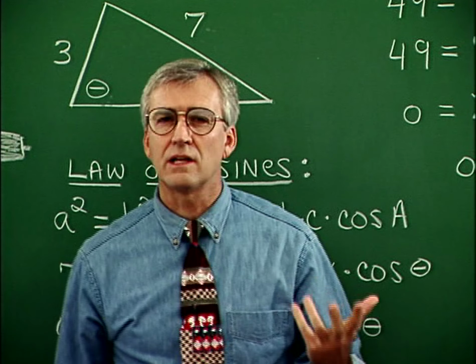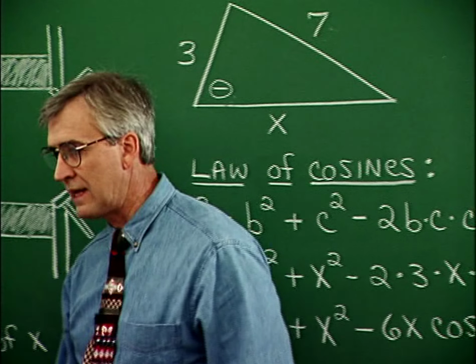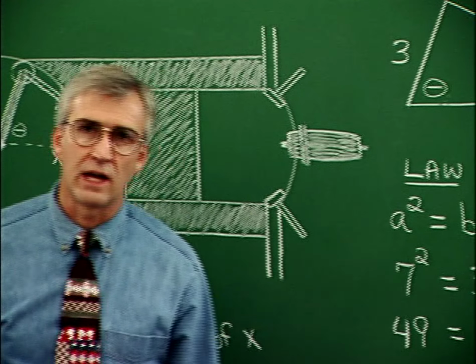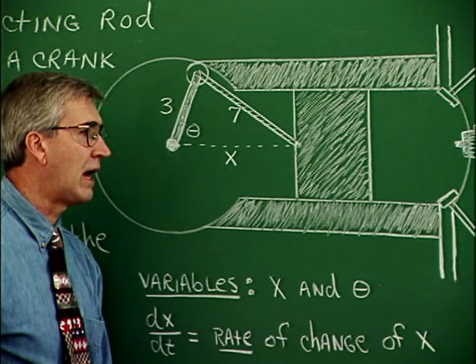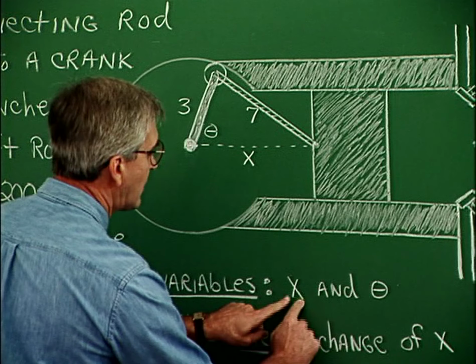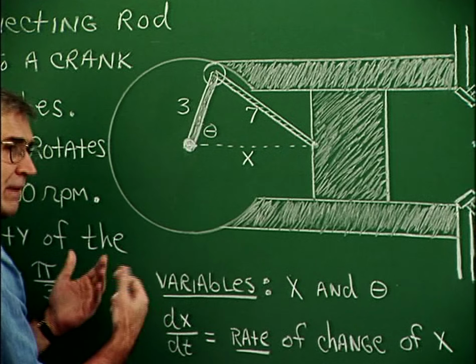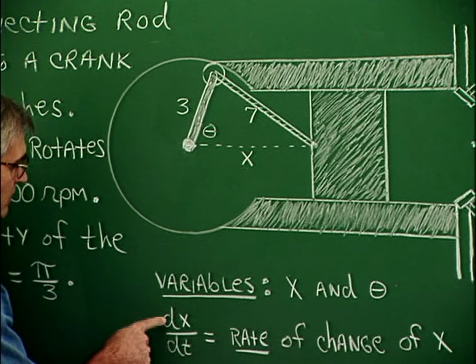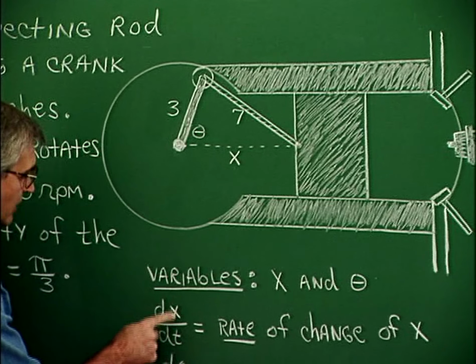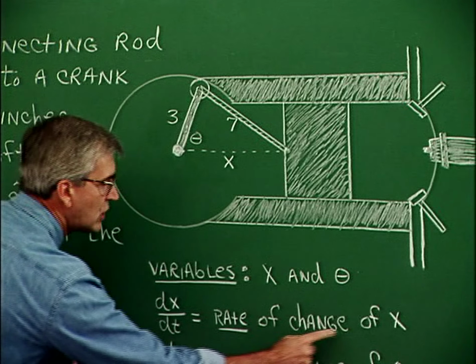So, let's talk about that a little bit. We know that the derivative is instantaneous rate of change. That's a good way to think about it in a problem like this. So for the variables x and theta, x being this distance, theta being the angle opening, what about that instantaneous rate of change? The derivative, dx/dt, means the instantaneous rate of change of x.